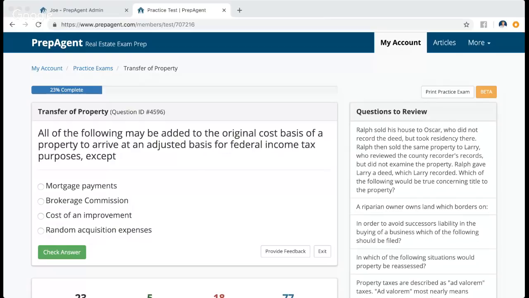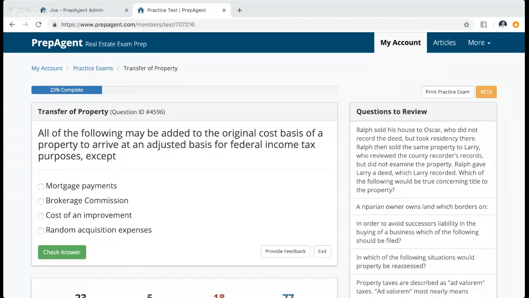Okay, a special warranty deed covers for the duration of the previous owner. A general warranty deed covers for the entire life of the property. And what do you think a quitclaim deed covers? Nothing. A quitclaim deed's immediate transfer. Immediate transfer. Good.